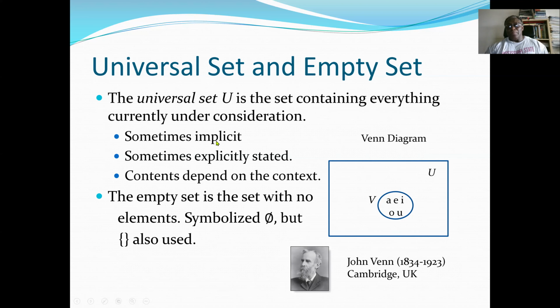Sometimes it can be implicit, and most of the time it's explicitly stated. The content also depends on the context. And here we say the empty set is a set with no element, symbolized as the empty set symbol. Or we can use empty curly braces.